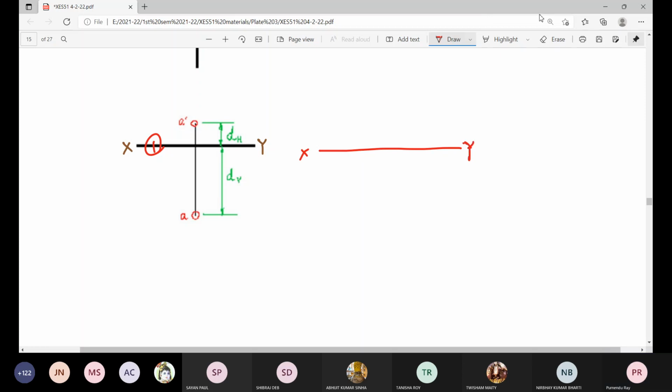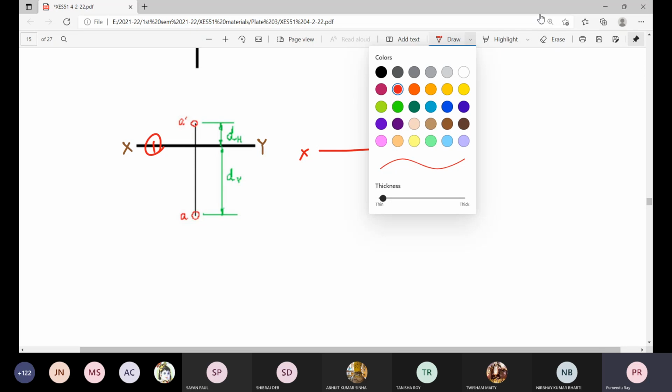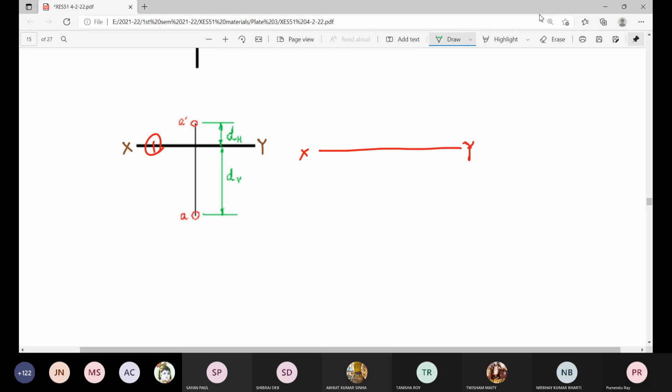Next step, you draw a very thin vertical line. And in the problem, if it is mentioned that the point capital A is 30 millimeter above the horizontal plane, then that 30 millimeter is to be measured here and mark a point.